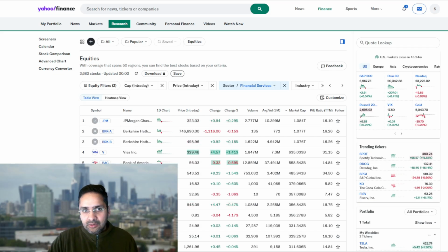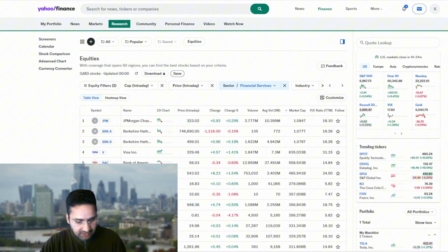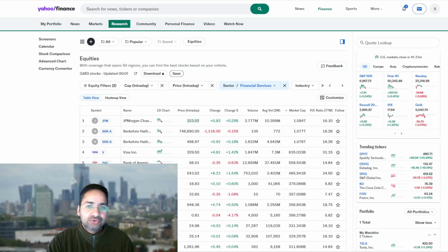That indicates that investors are paying less for each dollar of earnings, usually because they expect a slower growth or higher risk compared to other sectors.